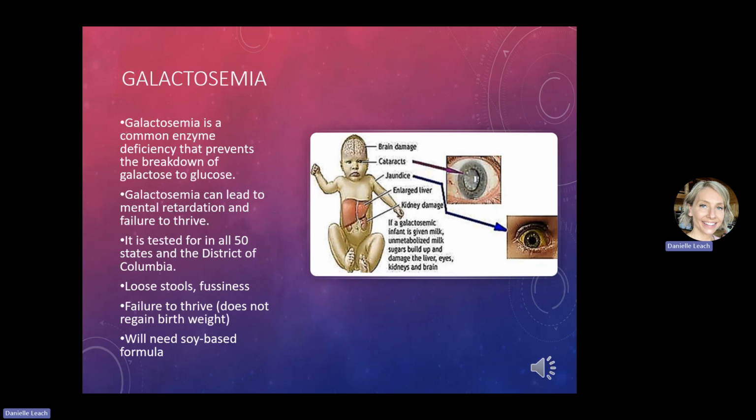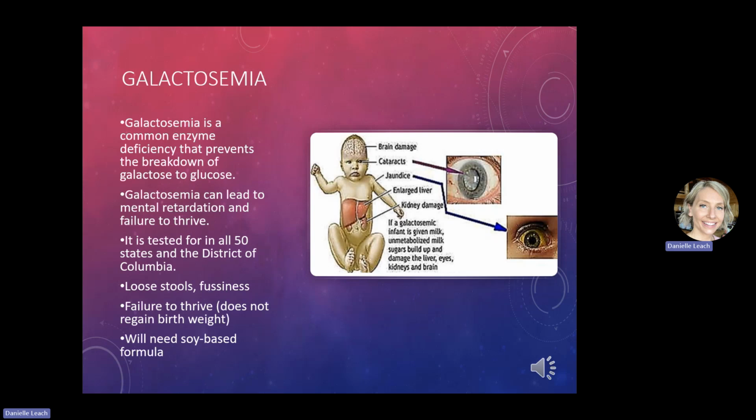Galactosemia is another disorder that is tested for on the newborn screen. It's also an inborn error of metabolism that consists of an enzyme deficiency. So it's an enzyme deficiency that prevents the breakdown of galactose to glucose. This one's also tested for in all 50 states.